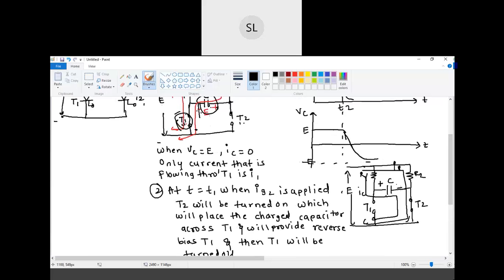So आता आपला capacitor परत एकदा charge झालाय. T1 is in the off state, T2 is in the on state. आता if we want to turn off this T2, what we shall do? We shall apply triggering signal to this T1 so that this charged capacitor will be placed across this T2 and will reverse bias this T2. Are you getting my point?